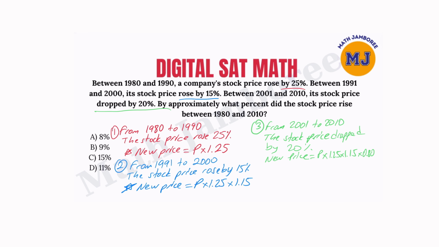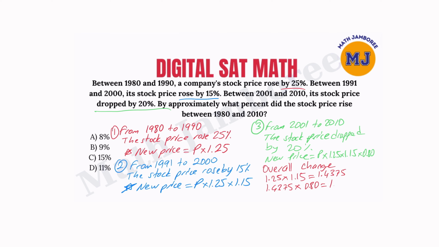So if you multiply 1.25 by 1.15, you can use your calculator, that's going to give us 1.4375, and you will multiply this number, 1.4375, by 0.80.